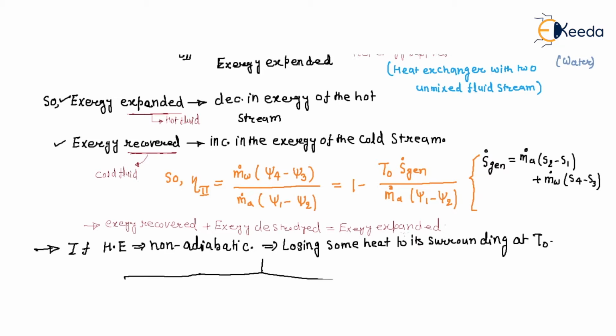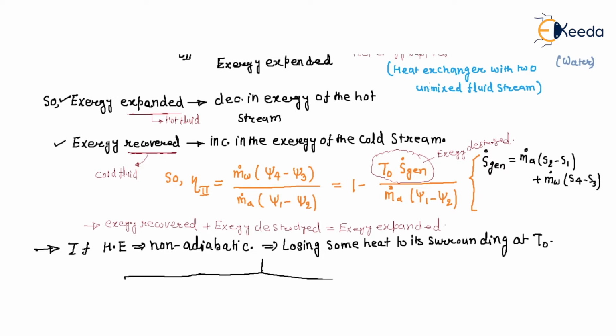It is exergy expended minus exergy destroyed. So efficiency is 1 minus exergy destroyed over exergy expended, where exergy destroyed means irreversibility. This is your exergy destroyed.